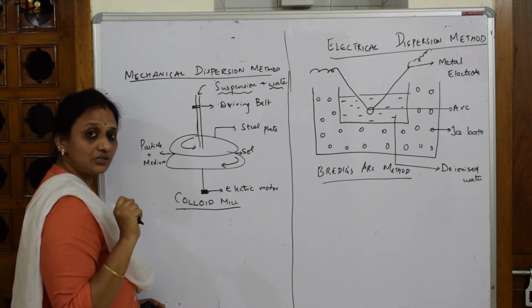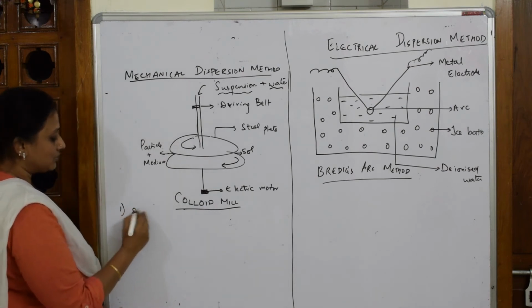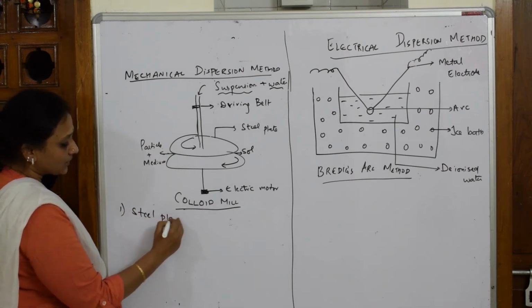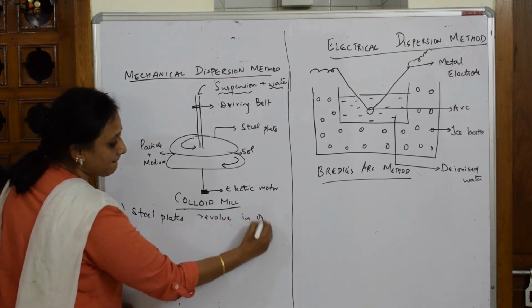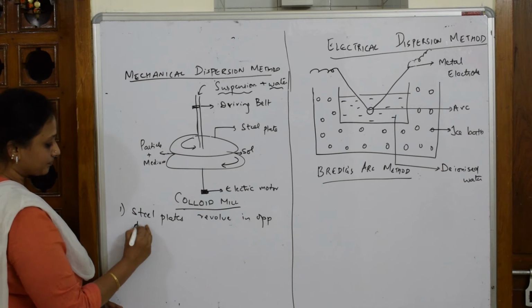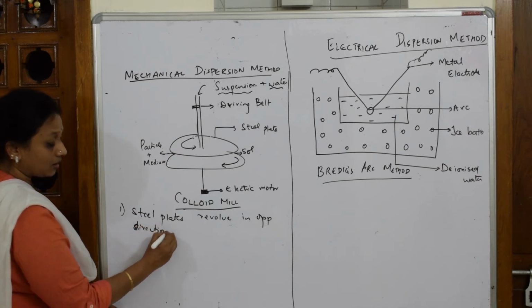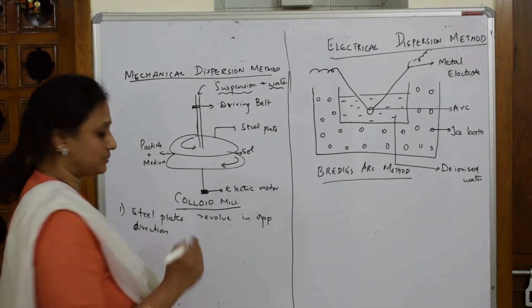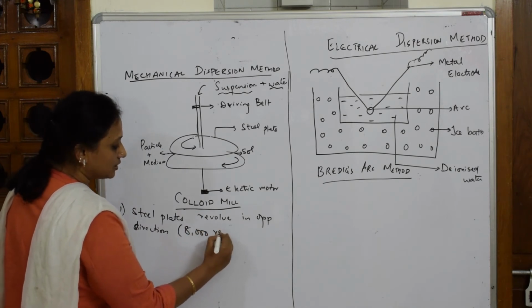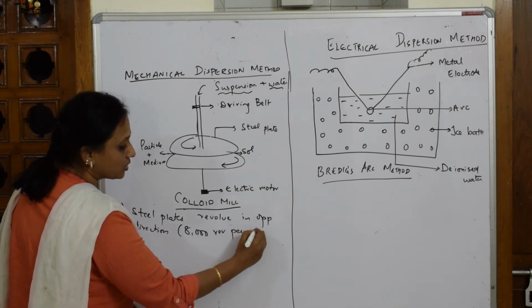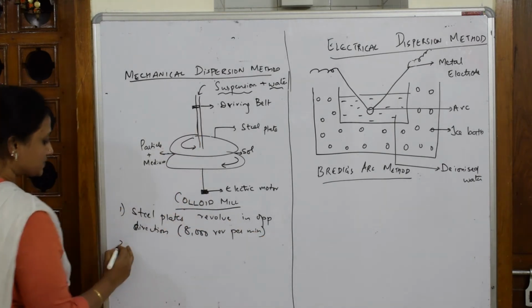So how many revolutions? The steel plates revolve in opposite direction. How much? 8,000 revolutions per minute. Okay, now what happens when you're introducing a suspension solution?